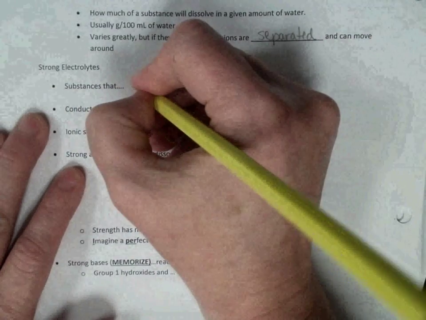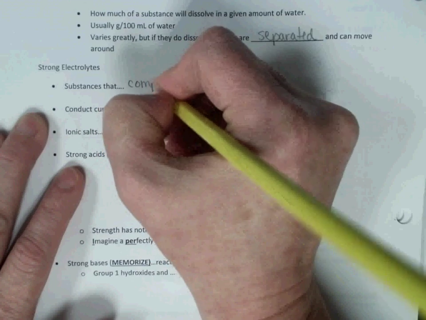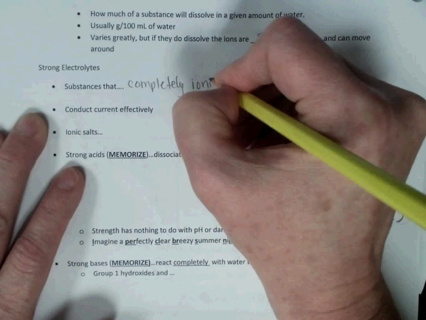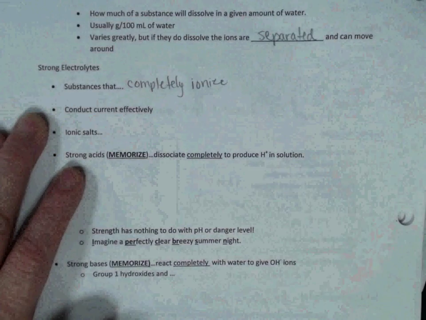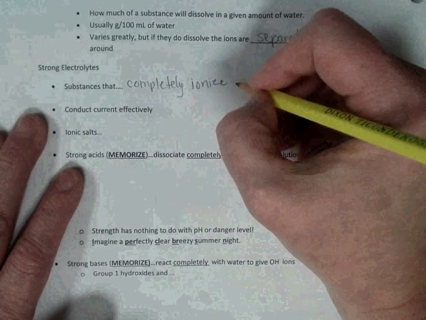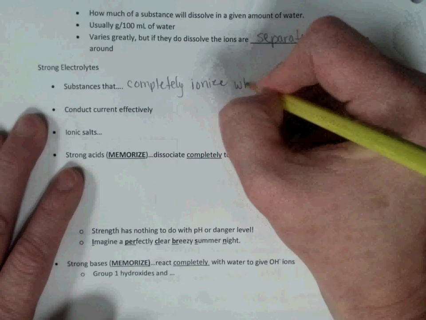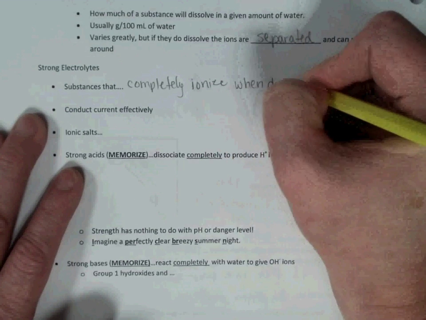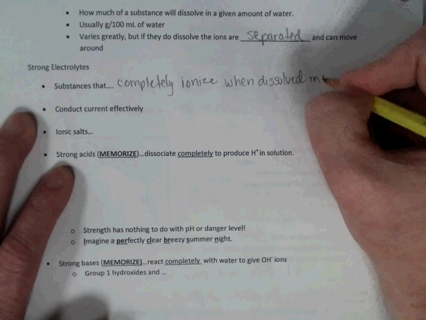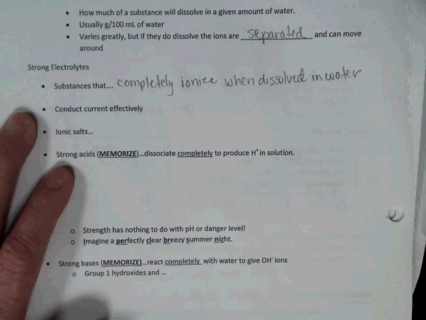All right, so strong electrolytes. These are substances that completely ionize. What I was just showing you in that drawing was ionization, because I was taking the compound and splitting it into the ions as it dissolved. They completely ionize when dissolved in water.